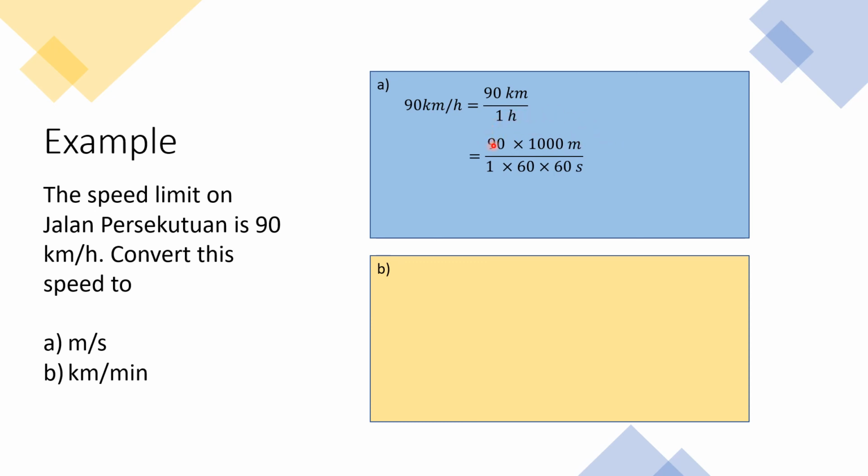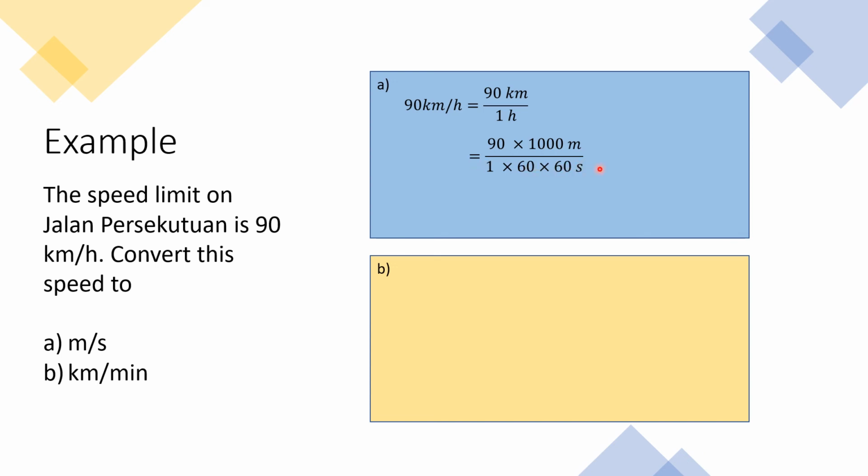For the distance, since 90 km, we need to convert into meter, so we times 1000. For hour, we need to convert into second. We will times 60 two times. For 1 hour times 60, you will get minute. Times 60 again, you will get second.